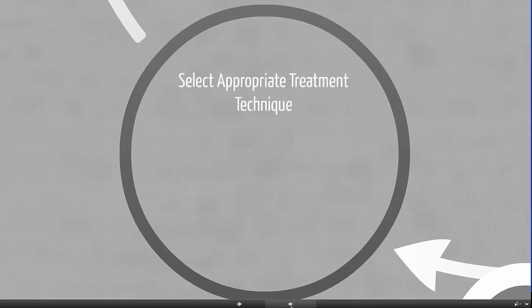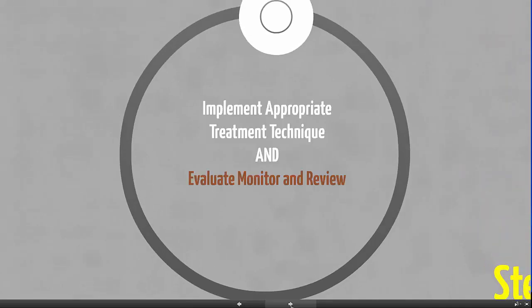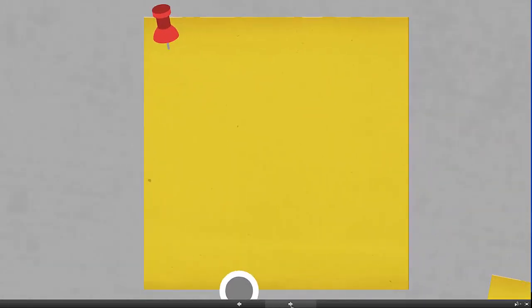Which brings us to selecting the appropriate treatment technique. Your choices are avoid, retain, control, and transfer. We'll talk about those a bit more in a second. And then, of course, you're going to implement the appropriate technique, and you're going to evaluate, monitor, and review your risk management plan to make sure that everything is working okay and things haven't changed much.